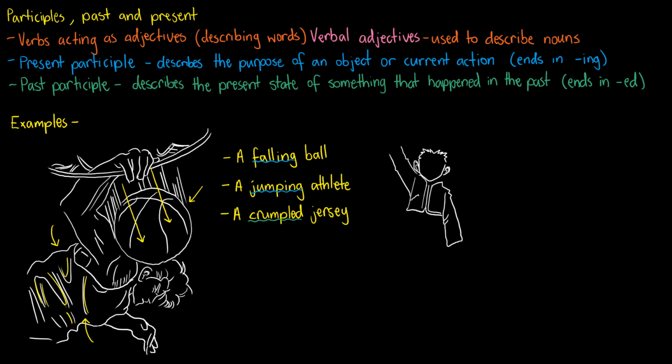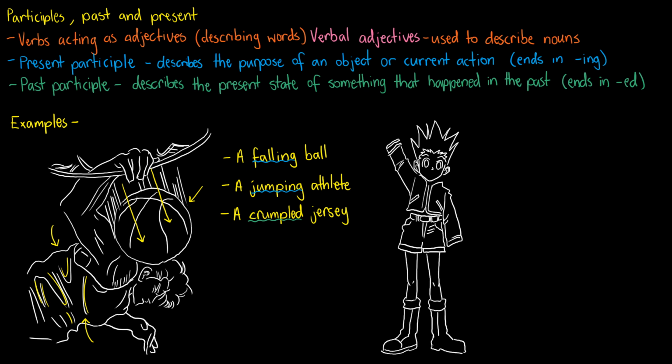Now we'll get another example up here and try a few more. So we have this boy here, which some of you might recognize. And the first thing we're going to say about him is that he is waving. So a waving boy. We're describing the boy and the action he is making.